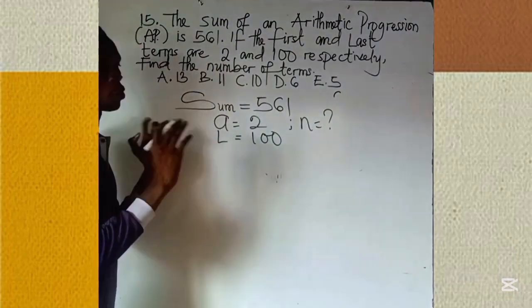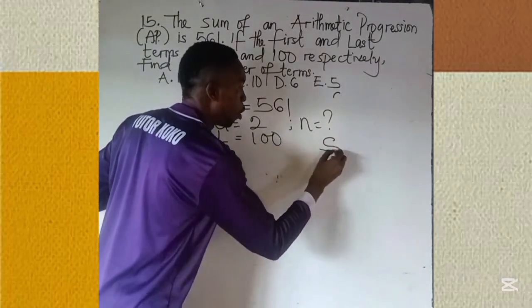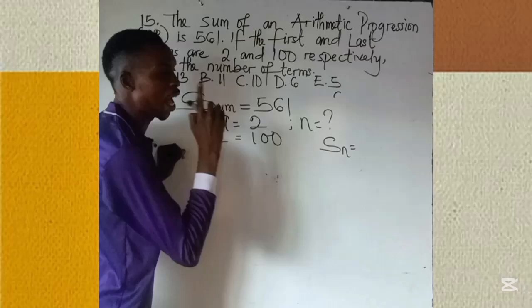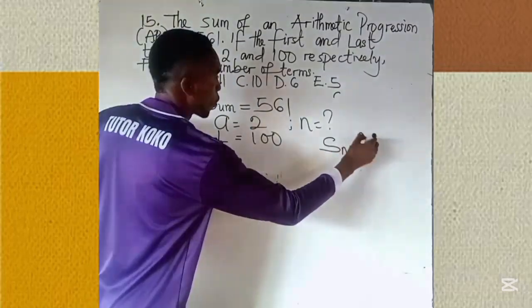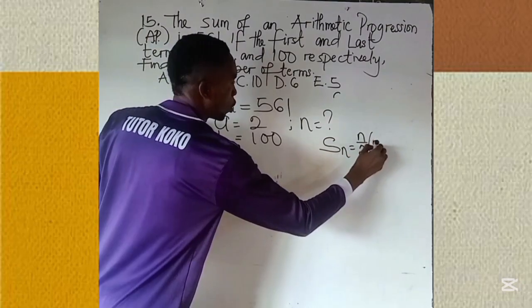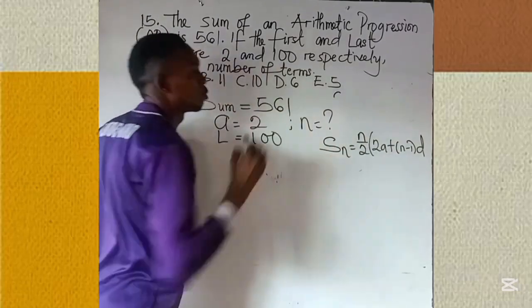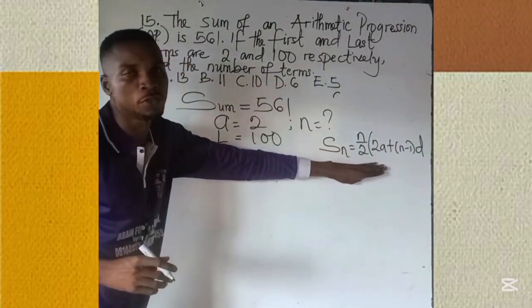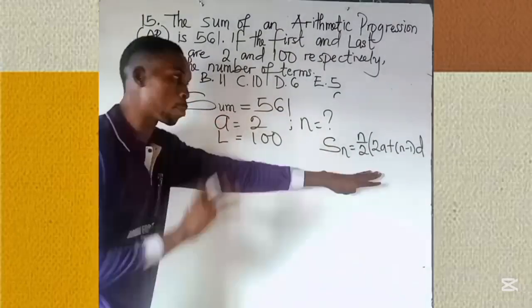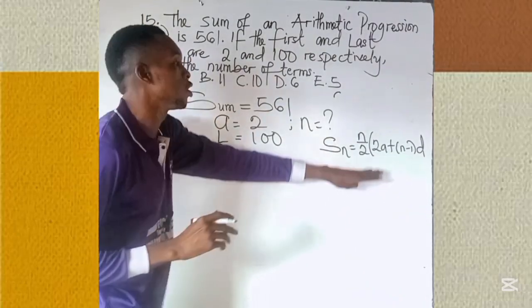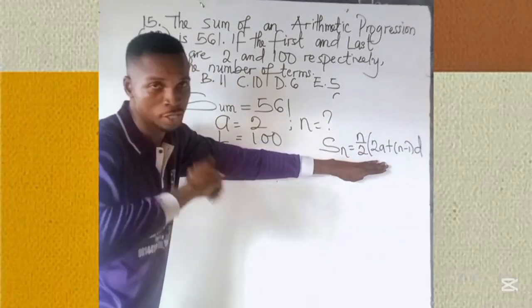Of course, let me just show you. To find the sum of any number of terms in an arithmetic progression, use the formula n divided by 2 into 2a plus (n minus 1)d. This is the formula for calculating the sum of the nth term of any AP. But guess what? This is when the last term is not given.